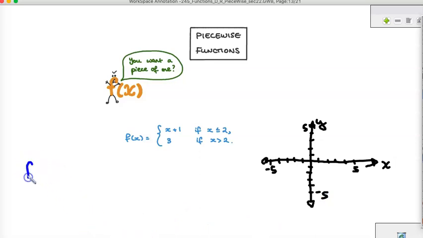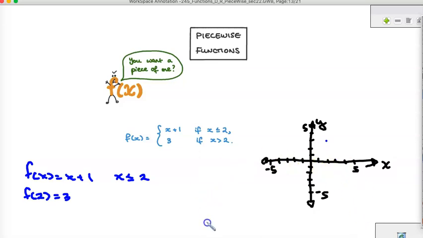When we're focusing on f of x equals x plus 1, and this says that x is less than or equal to 2, if you evaluate f at 2, notice you're going to get 3. And because it's equal to 2, it's going to be included. So at 2, 1, 2, 3, you have a point there.